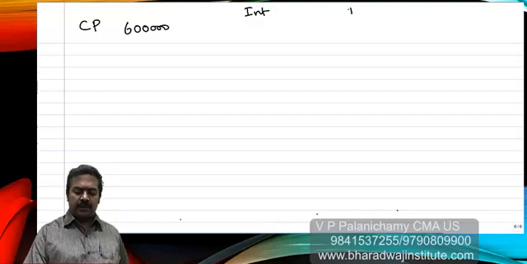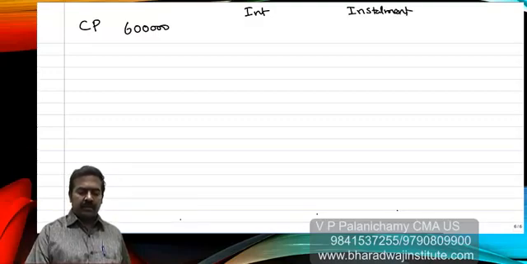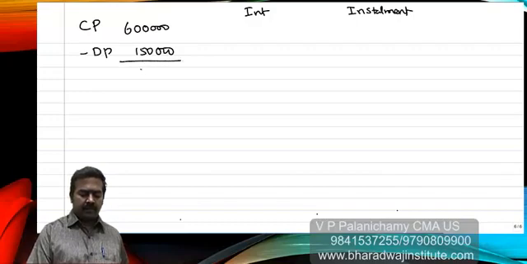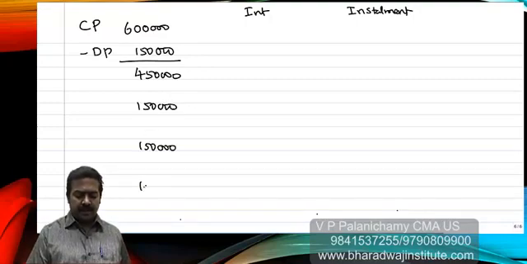Working is same like last problem. Down payment, how much is made? This 4 lakh 50,000 we are paying in 3 installments. 1 lakh 50,000 each.